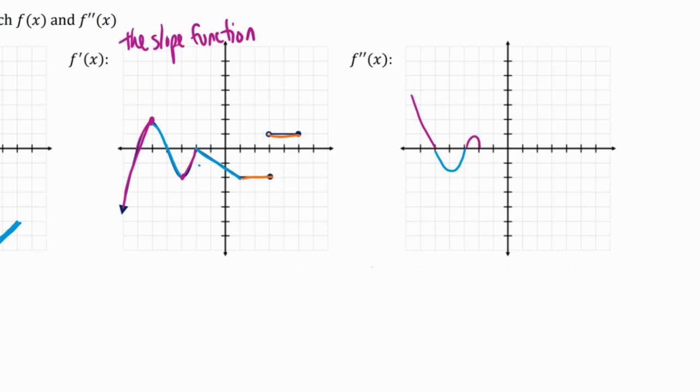And then here's the thing. We've had nice curves up until there, so that's why this one has a nice curve to it. But then at negative 2, you'll notice something strange occurs. We have this change where it goes from something nicely curved to a line.